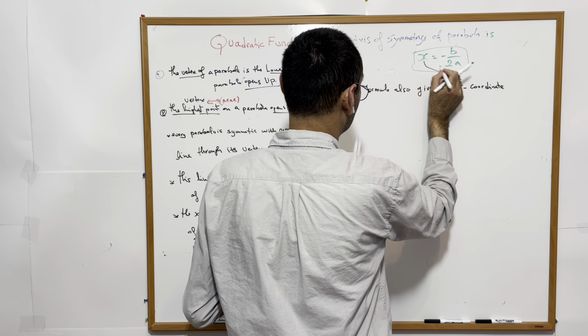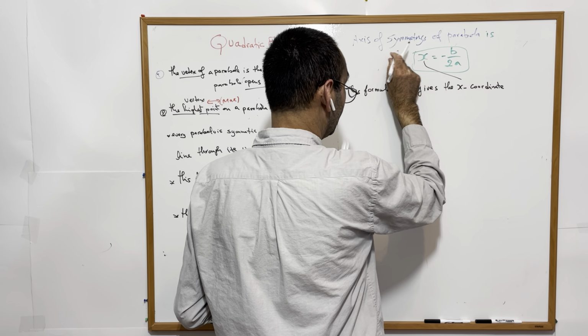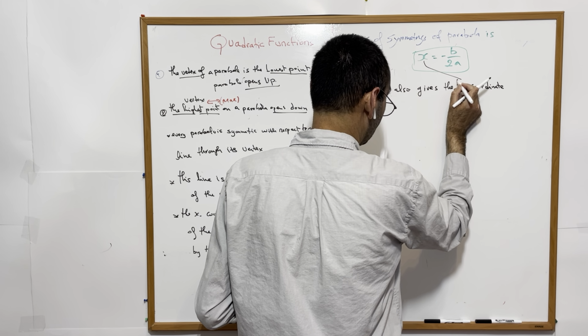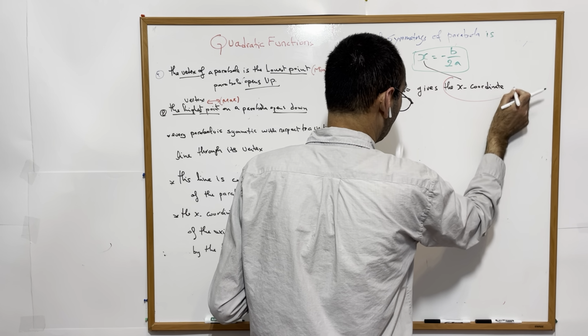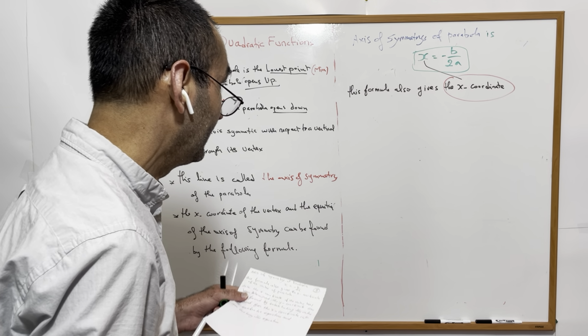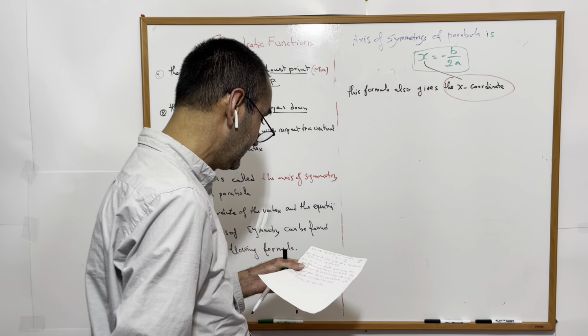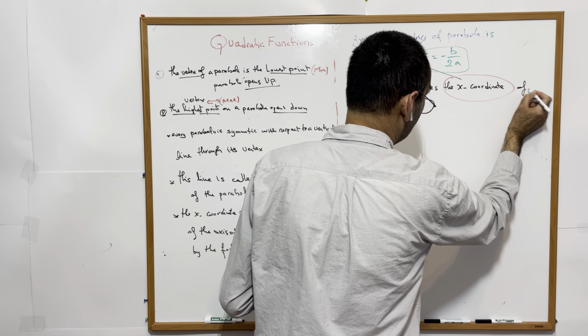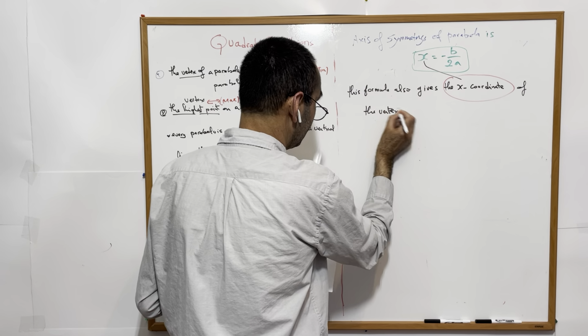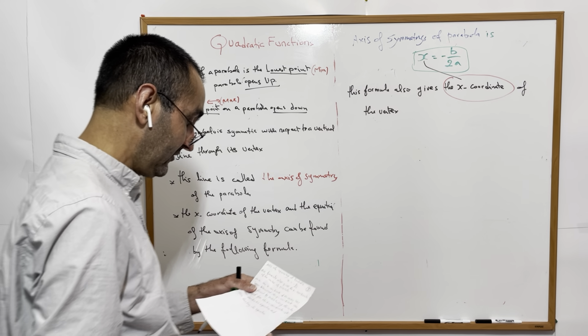This is the equation of the axis of symmetry of a parabola, and it is also the x coordinate of the vertex of the parabola.